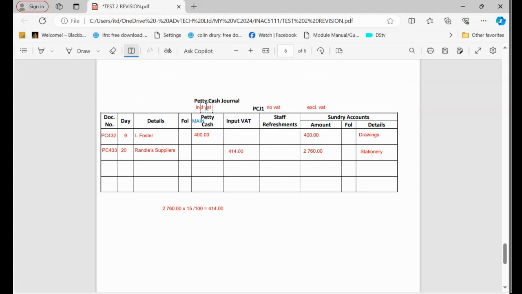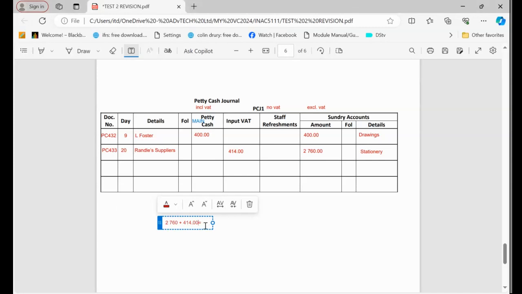Now when we go to the main column, we just have to add it because this must include VAT. We say 2760 plus VAT. How much do we get? With the calculator, I get something like 3174.